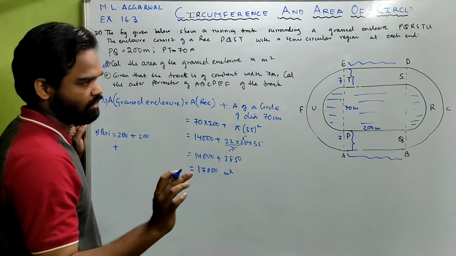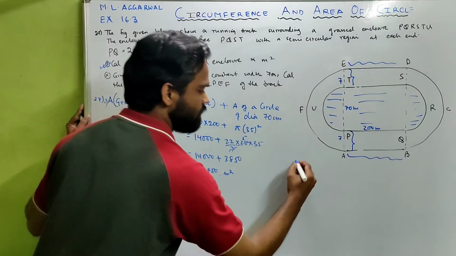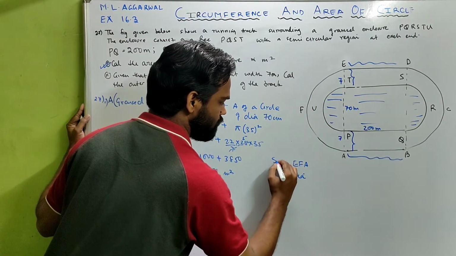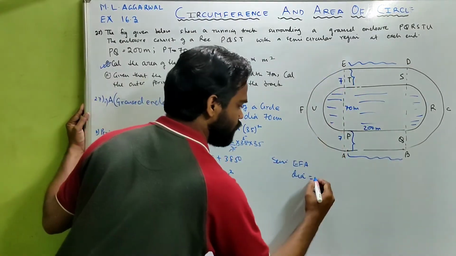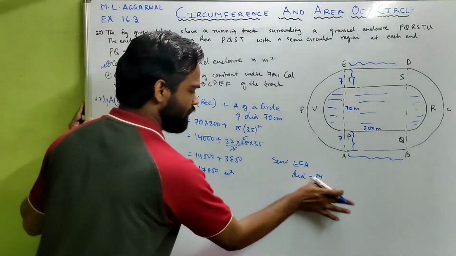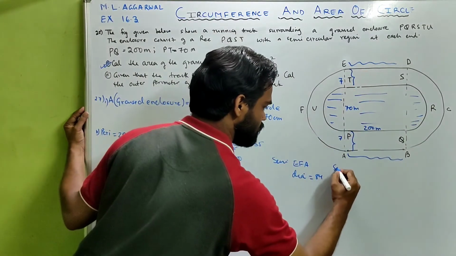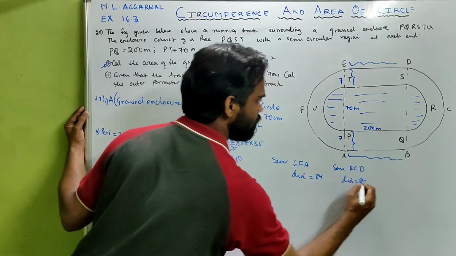For this semicircle EFA, the diameter is 70 plus 14, that's 84. For the semicircle BCD, again the diameter is the same, 84.